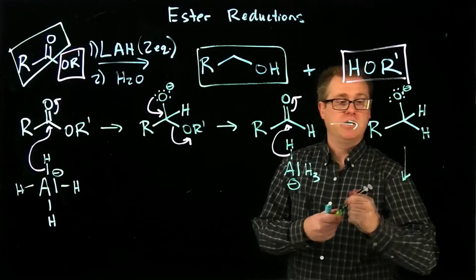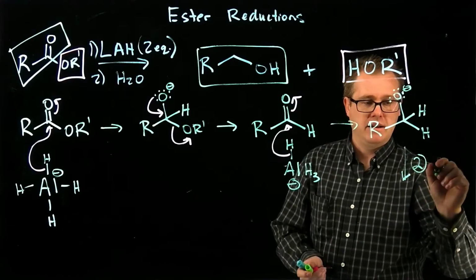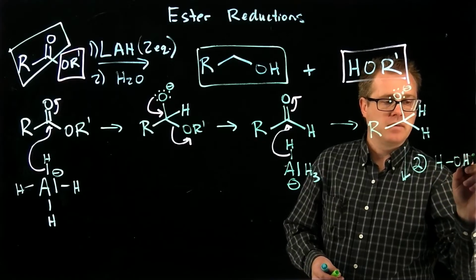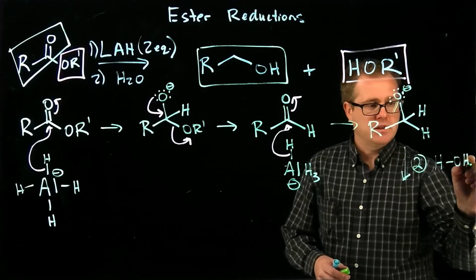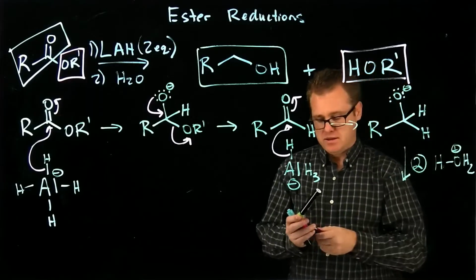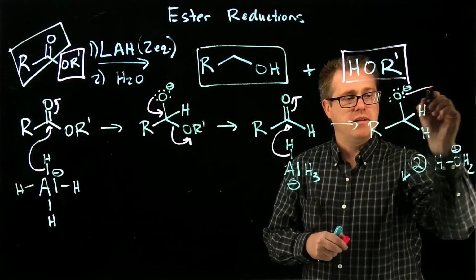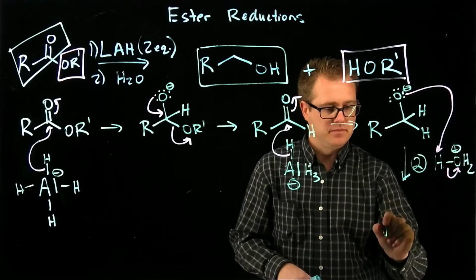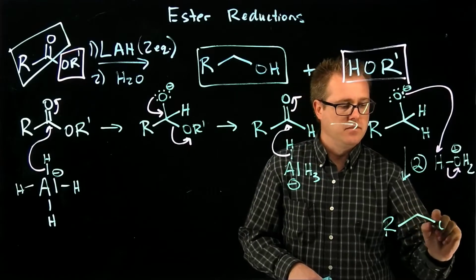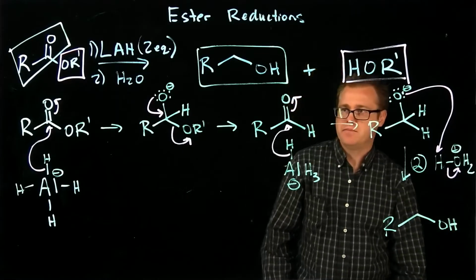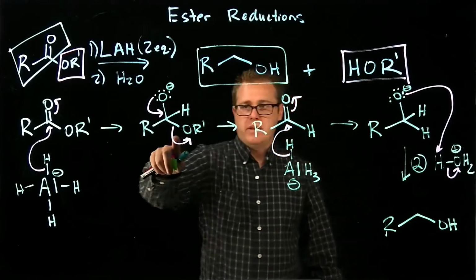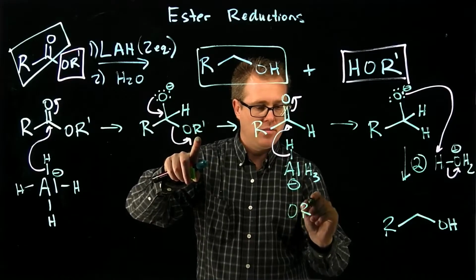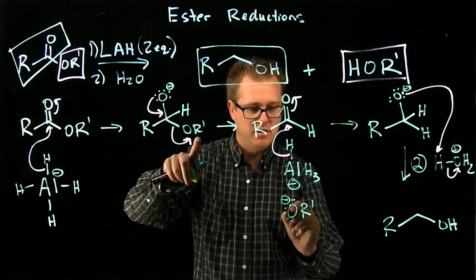Well, that's step 2, where you add a little bit of acid or some aqueous workup to do the protonation. So let's just say I do a little acidic workup, have this guy come down to give us our product, OH. But when this guy left, the OR prime, what do we have here? OR prime, negatively charged.